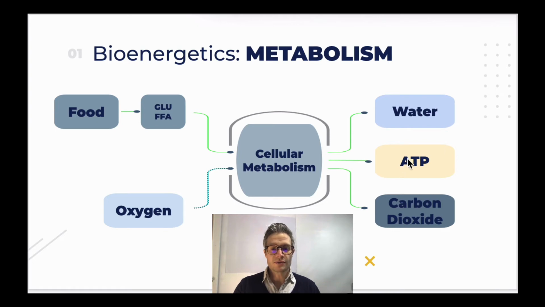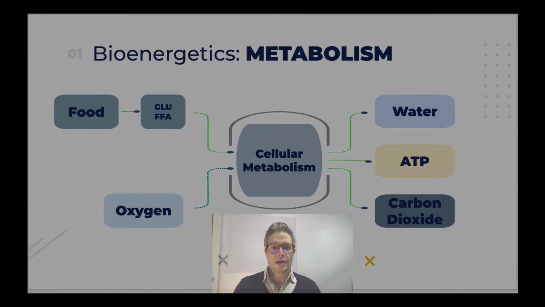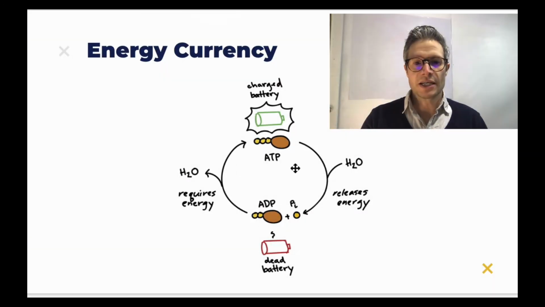Just focusing on ATP here as we carry forward onto the next slide. ATP is called adenosine triphosphate, and more or less it converts back and forth between adenosine triphosphate and adenosine diphosphate.